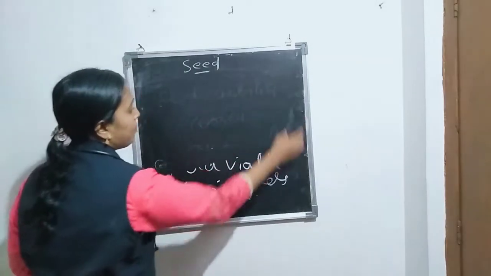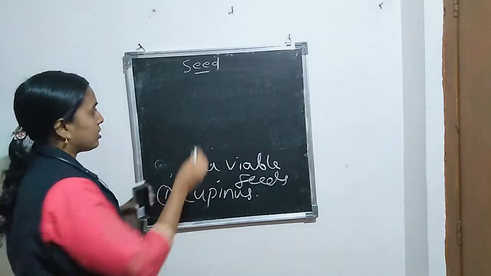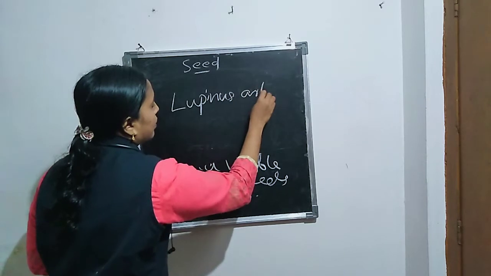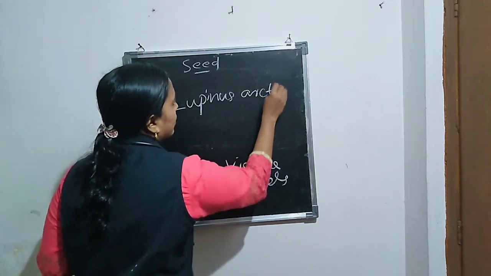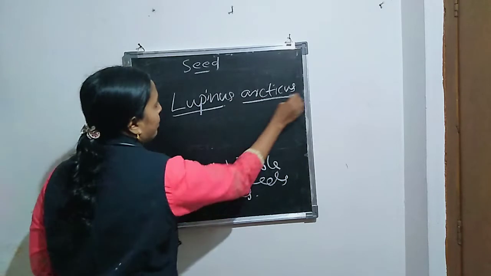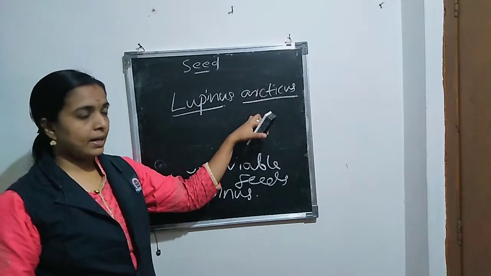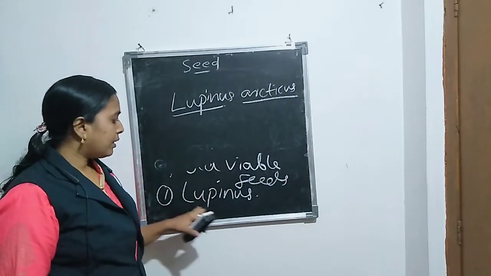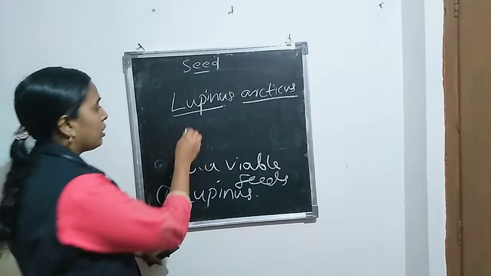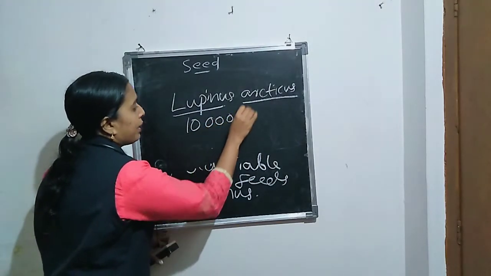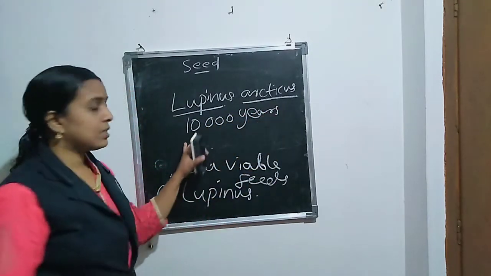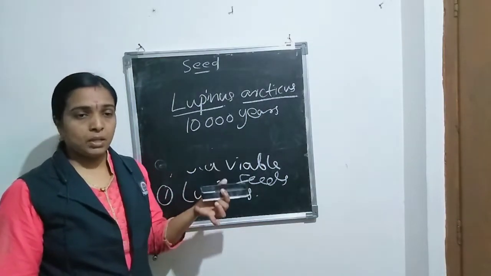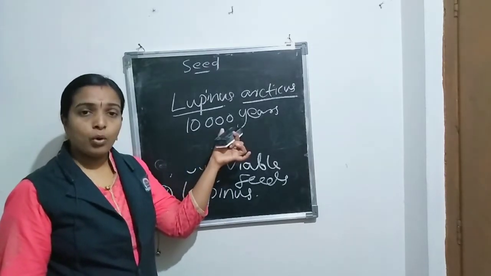Its scientific name is Lupinus arcticus, found in the Arctic tundra. This lupinus shows 10,000 years of viability. After that, the seeds germinate. So this is an example of an old viable seed.